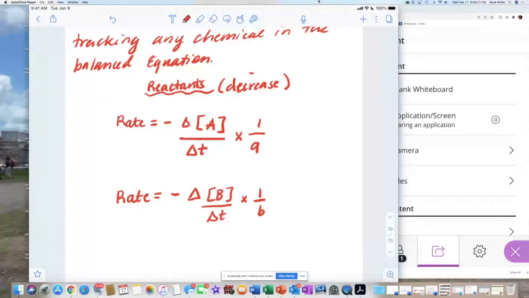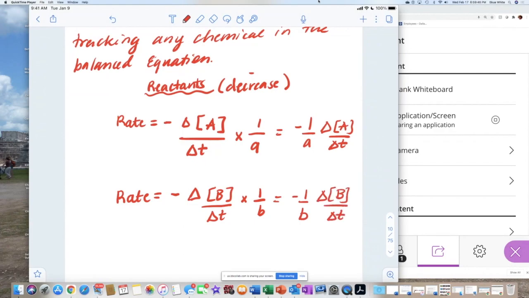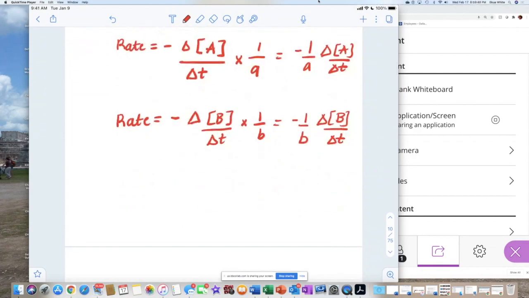So this becomes equal to negative 1 over A delta A over delta T. This becomes negative 1 over B delta B over delta T. Okay? So that's how I'm going to be dealing with the reactants.